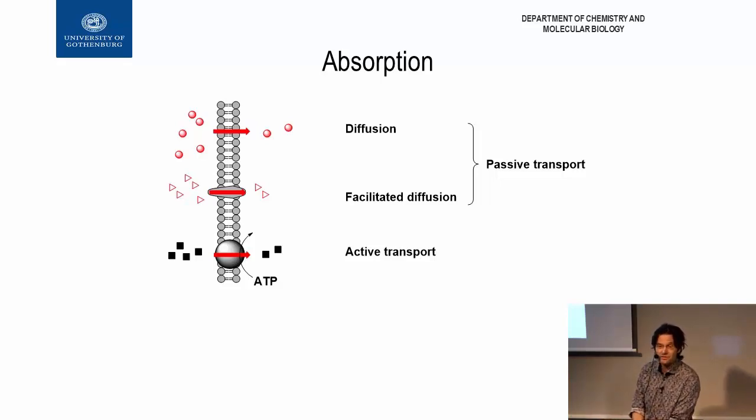This is the major energy source in the body. So to bring the drug-like molecules from this side over here requires energy. That's what this ATP means. That's active transport. These two other ones are called passive transport because it happens more or less by itself. But it again illustrates our molecule needs to be lipophilic in order to cross this membrane.